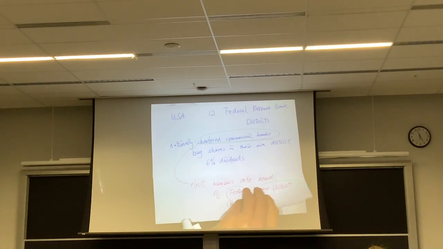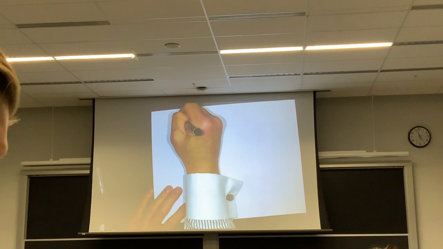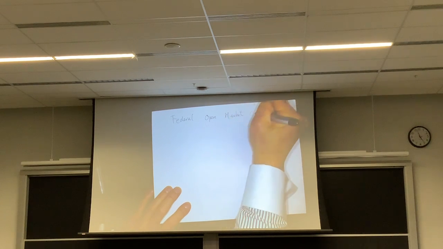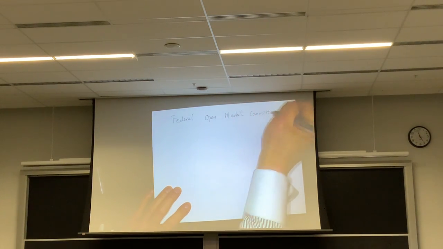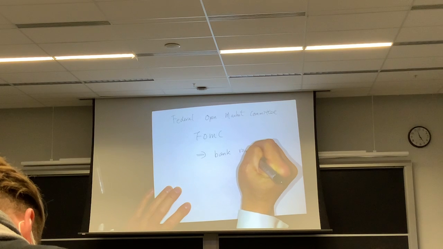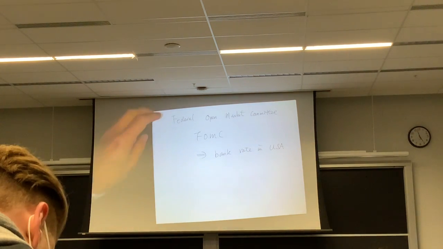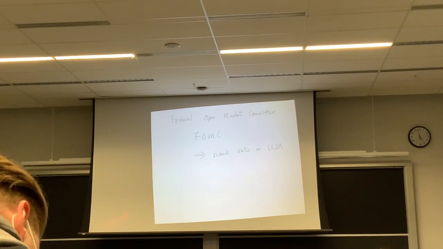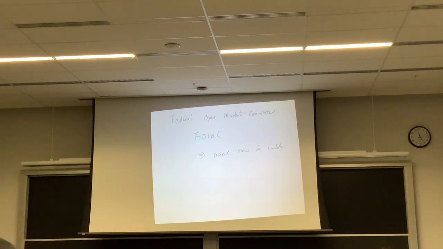The most famous committee is the Federal Open Market Committee, which sets the bank rates in the US. And everyone pays attention, because if the US interest rate changes, the foreign exchange will change and the supply of US dollars would also change. And don't forget, the US dollar is the most commonly used currency in the world.